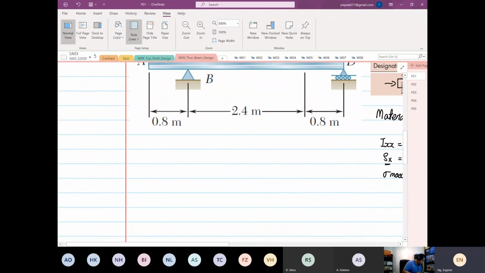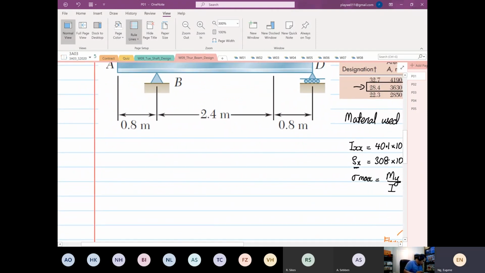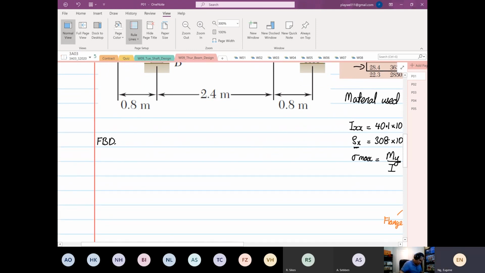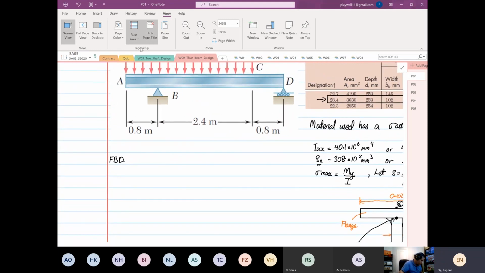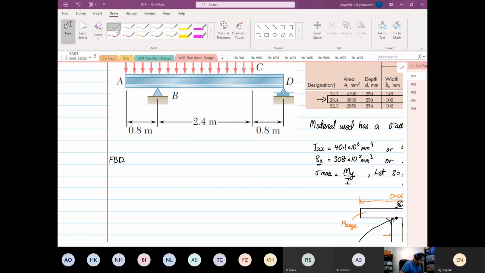We're going to draw our free body diagram first. From the free body diagram, we're going to sketch this overhanging beam. From here to here, this is our beam.